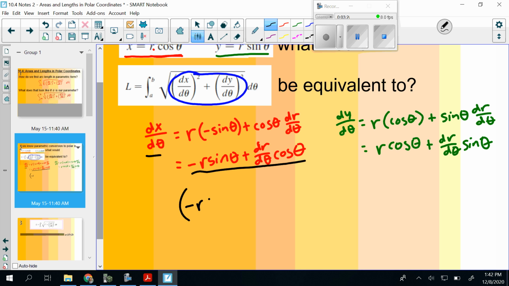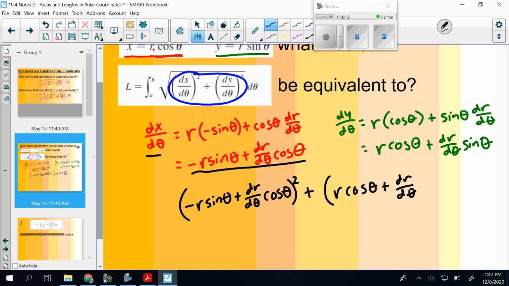So we're going to have negative r sine theta plus dr d theta cosine theta all squared plus, now we're doing our dy d theta here, which is all this stuff. Oh, I forgot the sine theta, all that squared. Okay, so we're just taking now and writing this here.